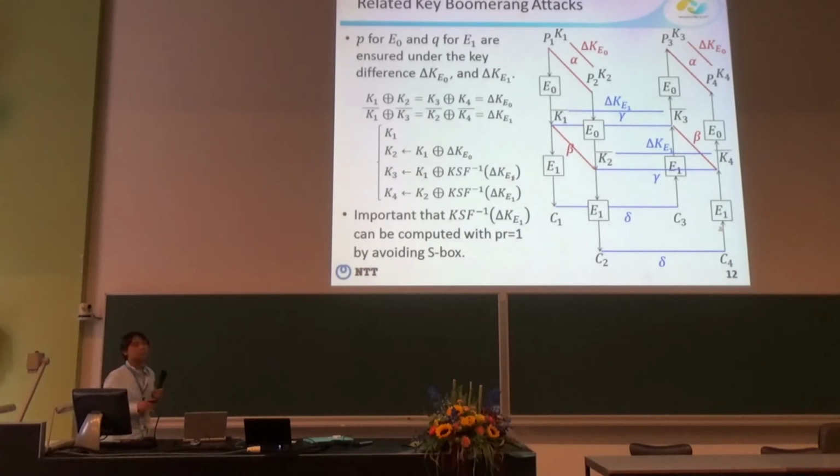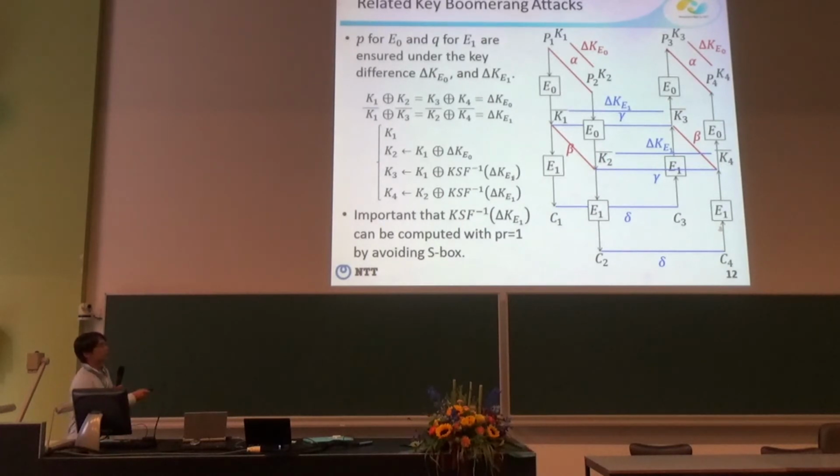But one tricky thing is that we want some particular key difference in the middle, but when we define the related-key oracle, we usually define it at the beginning. So to define the key oracle, we have to invert this difference to the original one, and then XOR it to K0 or K1. The important thing is that we need to invert the key difference in the middle to the plaintext side.